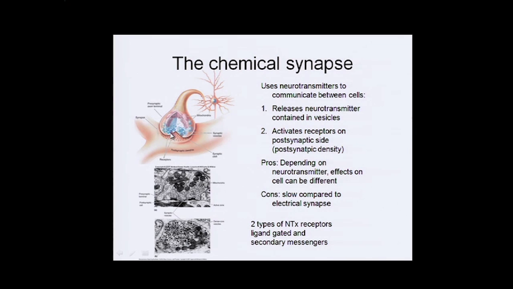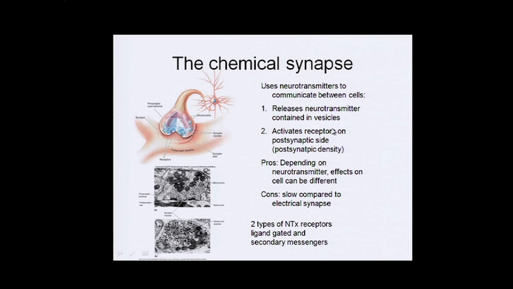In the diagram, you can also see some of them are little balls sitting near the end of the terminal. When these neurotransmitters are released from the vesicles, they activate receptors on the other side in an area that is called the postsynaptic density.